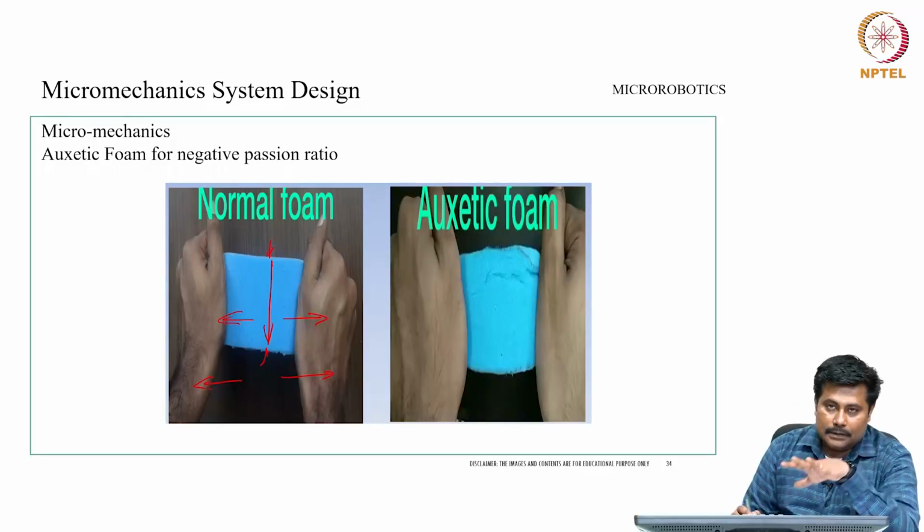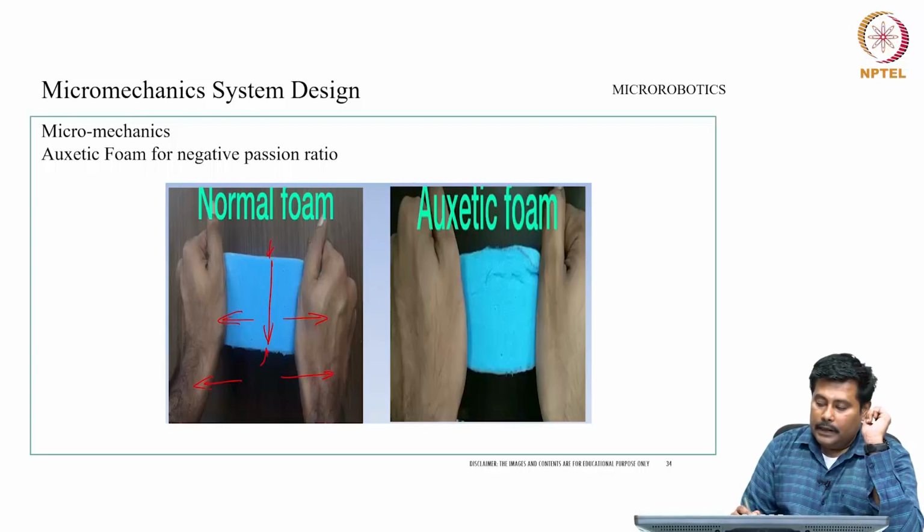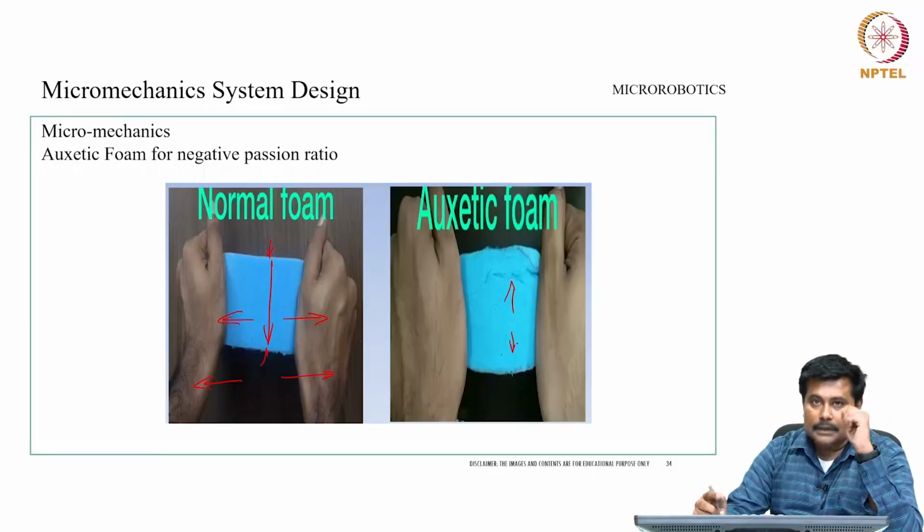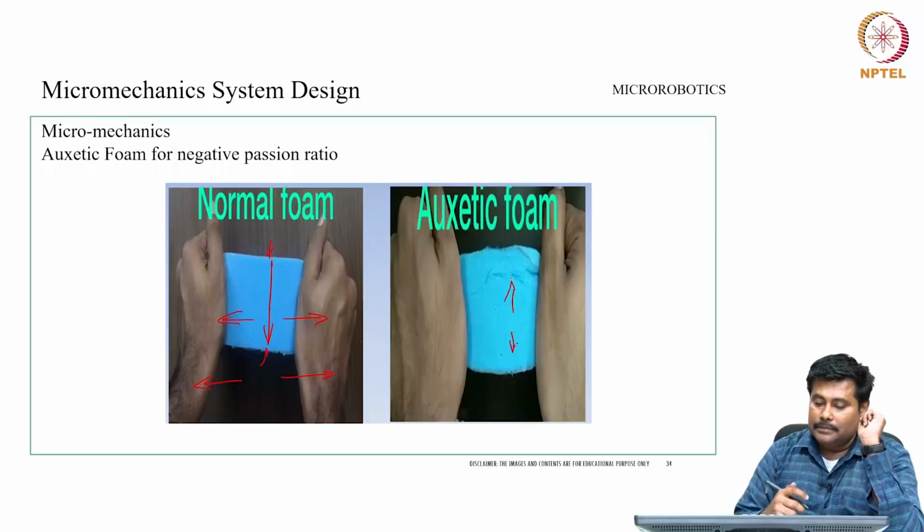This is a simple Poisson ratio. However, in the case of auxetic foam, when we pull it, the structure will also expand, that is, along the breadth there will be an expansion observed.